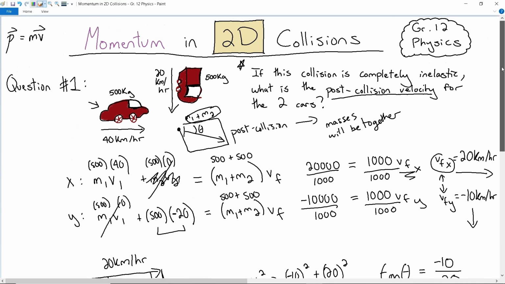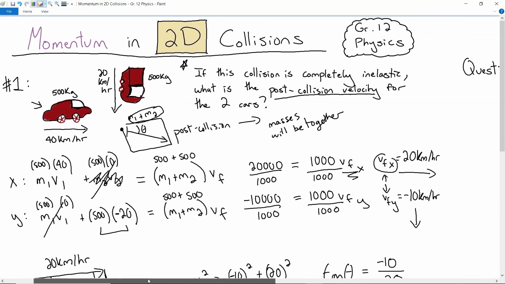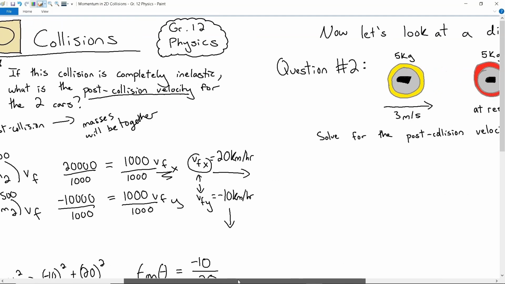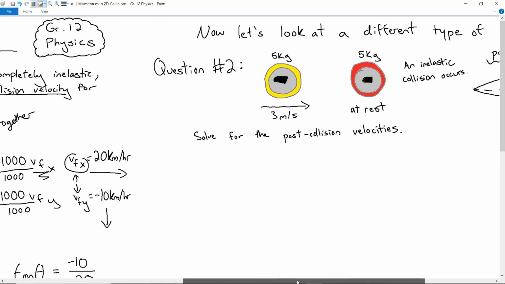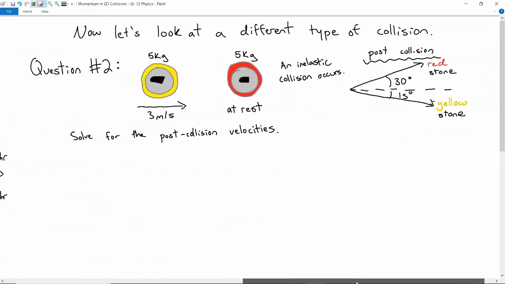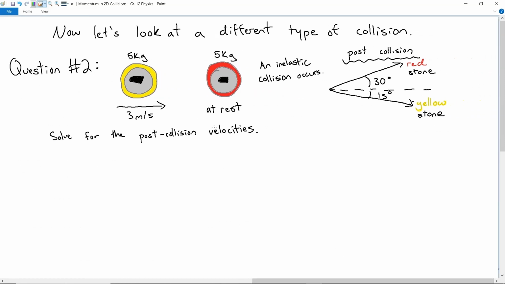Now I want to move on to a different kind of collision. Let's move on to the right. We have some more horrible drawings for you. This time we are dealing with a normal inelastic collision, not completely inelastic.